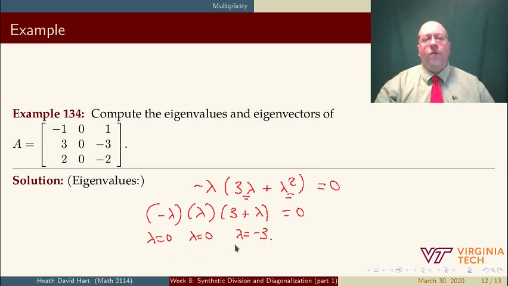And so 0 has an algebraic multiplicity of 2.